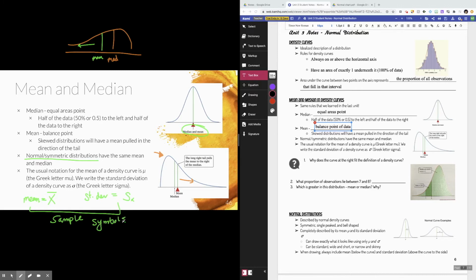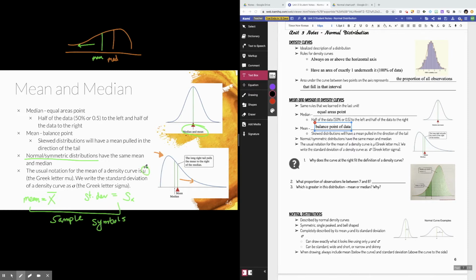Okay, because density curves are an idealized version of the distribution. That's like your population version of the distribution. It's the true value. Remember, the population values are the truth, right? This class is about a search for the truth. So when we're dealing with density curves, typically we're dealing with population data, right? And the general trend of population data.